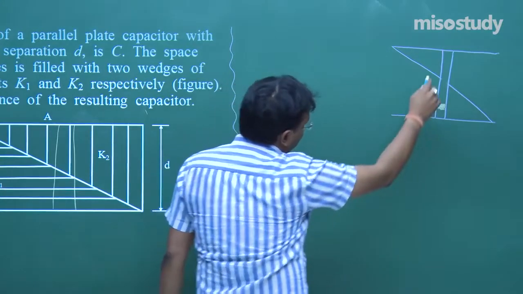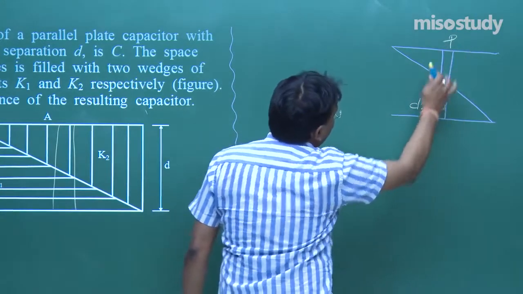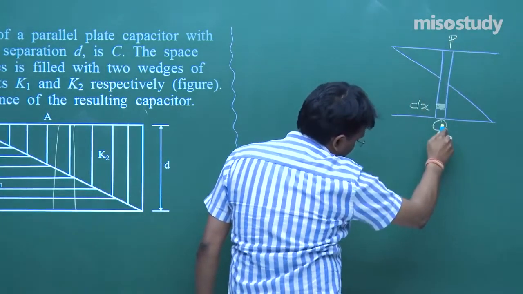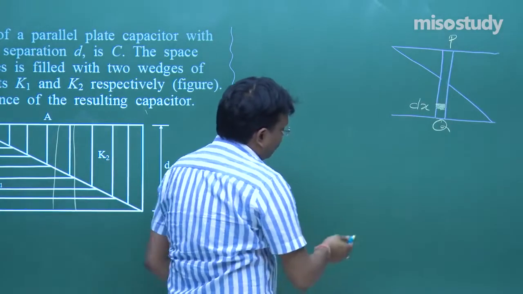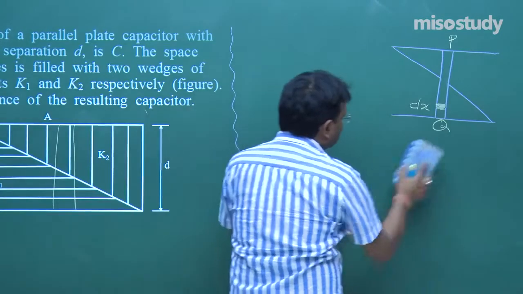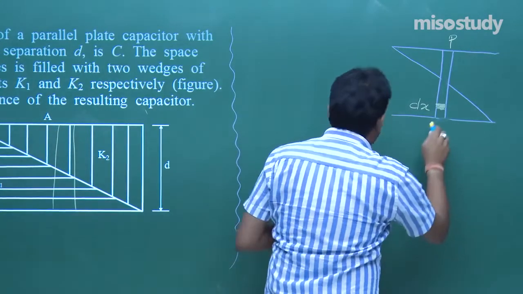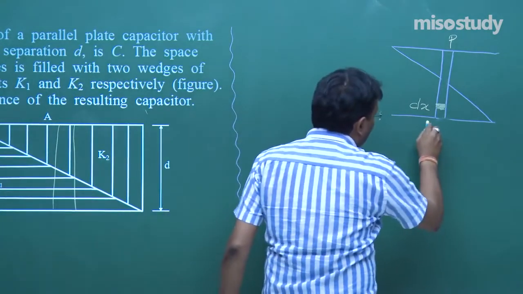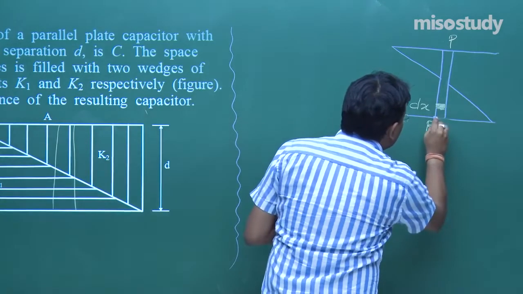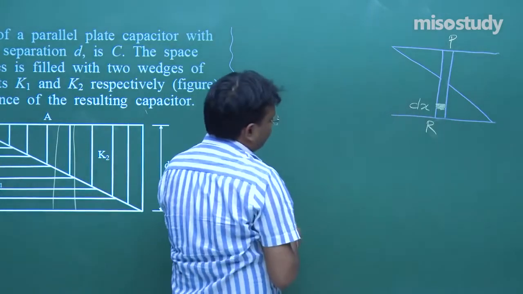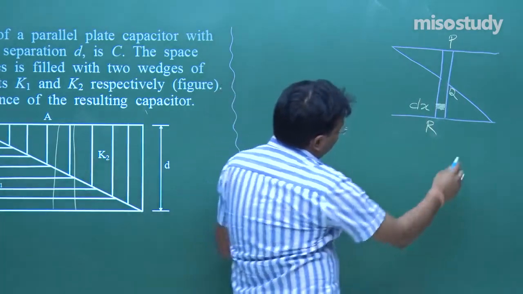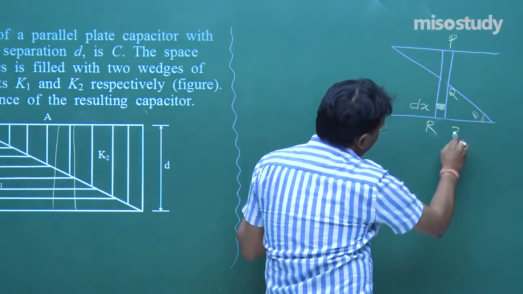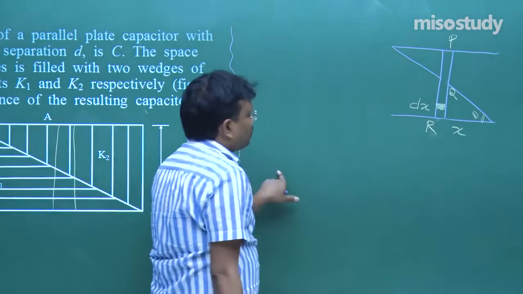This is P, and over here it is Q. Fine, and let us make this R. This point is Q, this angle is theta, and this is x. I hope this much is clear.